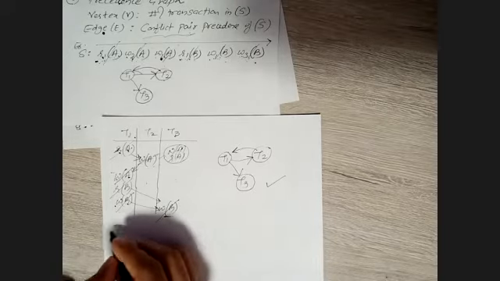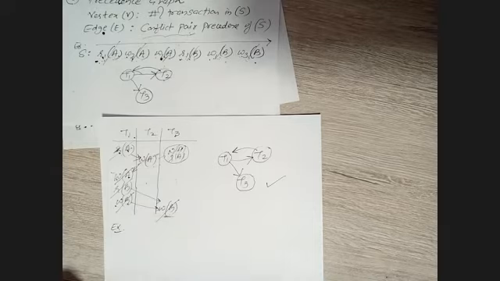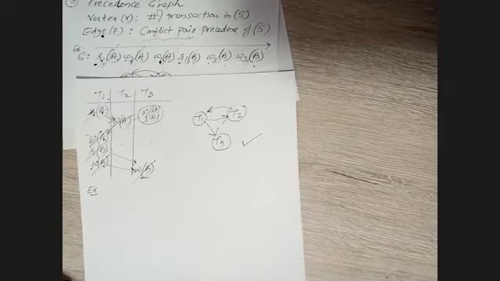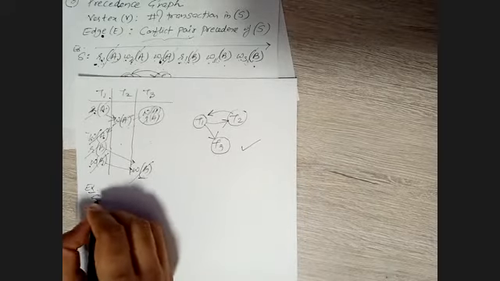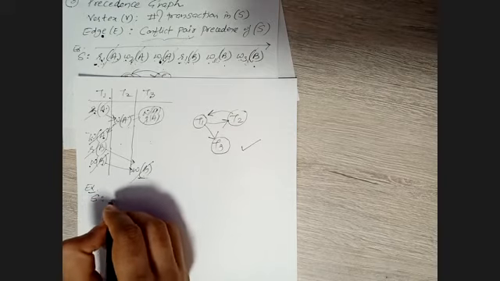So let me give a question as a practice over here. Try to identify the conflict pair, the precedence graph basically.